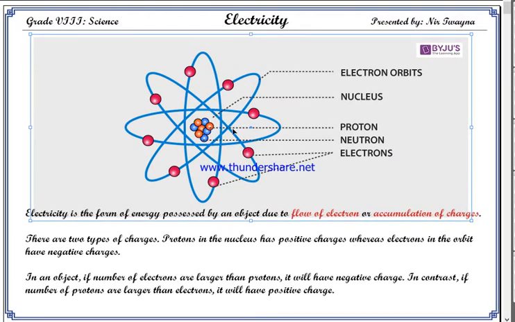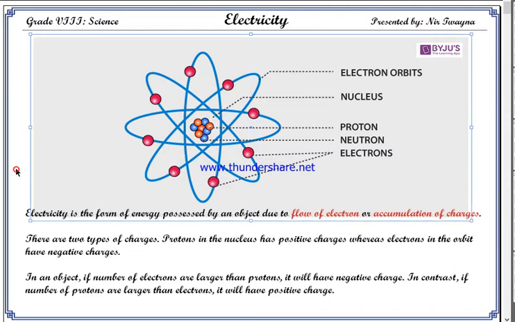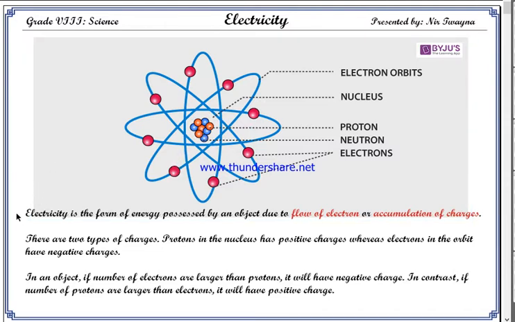Since they have equal numbers of positive and negative charges, they cancel out each other. Understood?